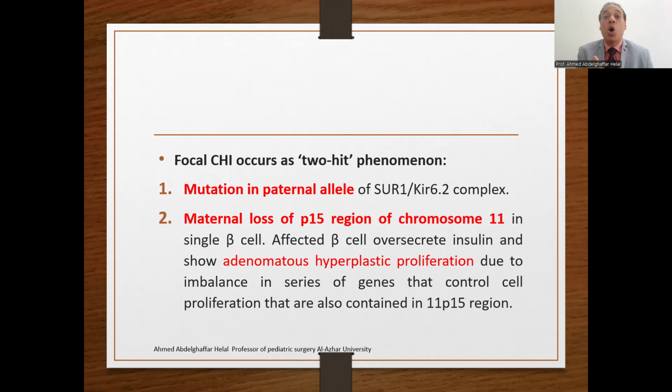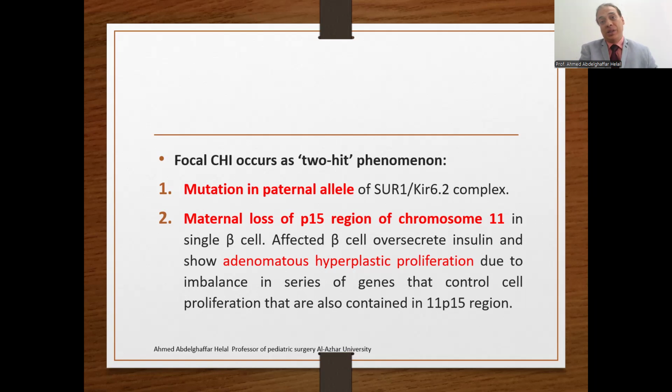This is number one. Or maybe the mother. In the mother, we said that the genes are present on segment p15 of chromosome 11. So this segment may be lost completely. Not a mutation here, but loss of the segment from chromosome 11 from the maternal allele.